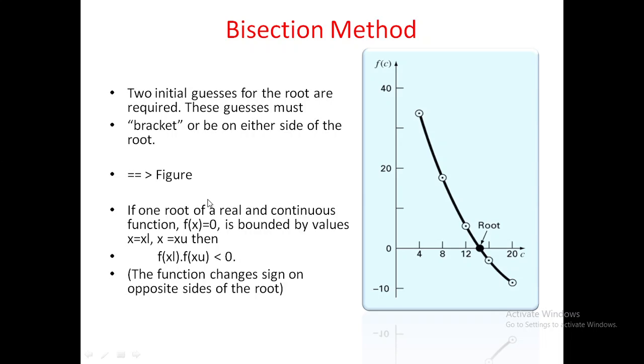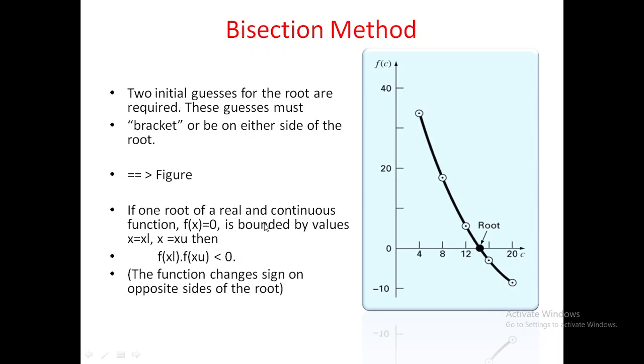For example, suppose x1 is equal to 1, the first initial guess, and x2 is equal to 2, the second initial guess. Therefore, we restrict the value of the root to between 1 and 2. This is nothing but the bisection or half interval method.